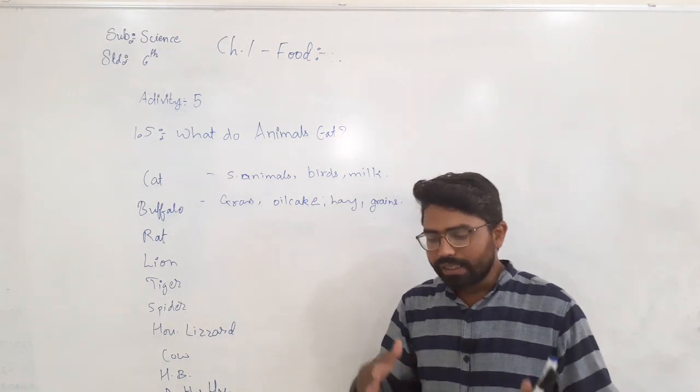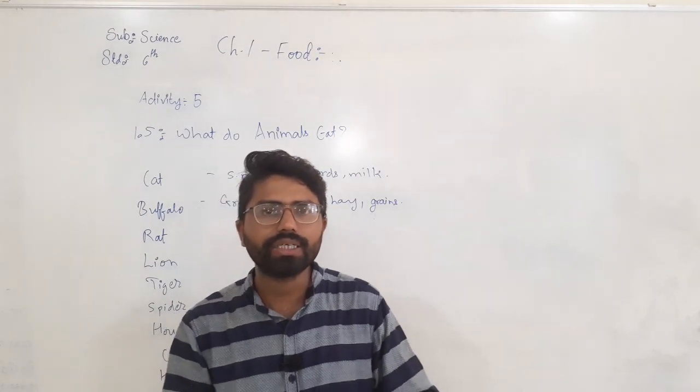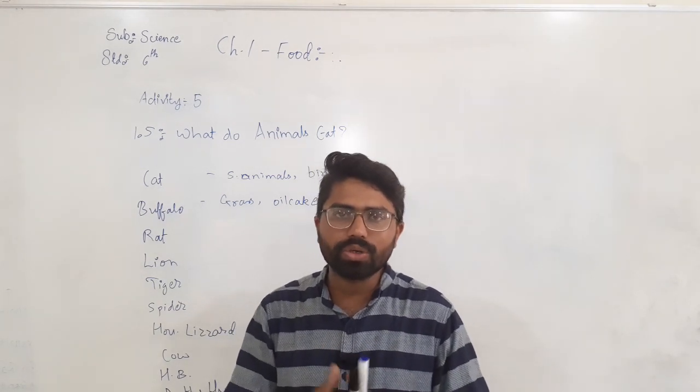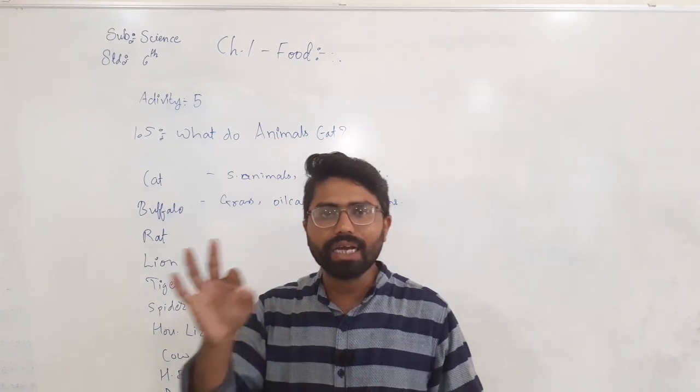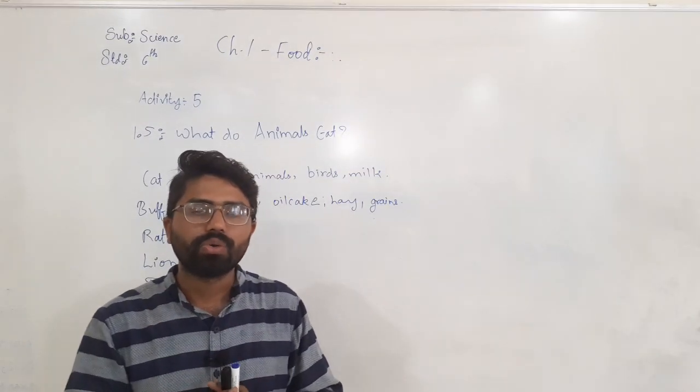In our surroundings we see many animals eating different types of things. We human beings are also included in it. Each and every living organism needs food to survive on this world.